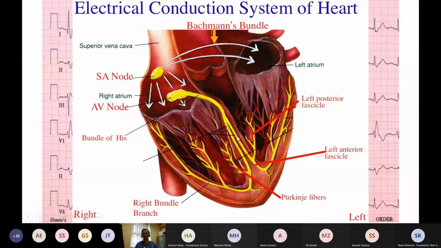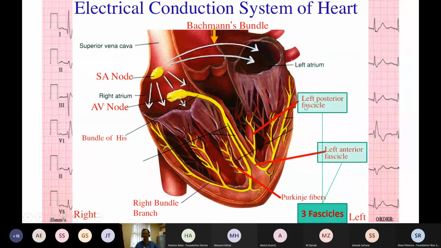And you have 2 different fascicles. So we talk about there being 3 fascicles, and we talk about the left as being the posterior and anterior fascicle, and then the right bundle branch is also counted as a fascicle. So we ought to really call it the right fascicle, but we call it the right bundle. So that's where the 3 fascicles come from.